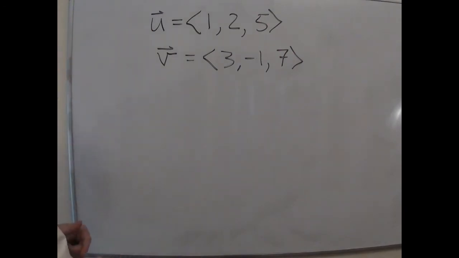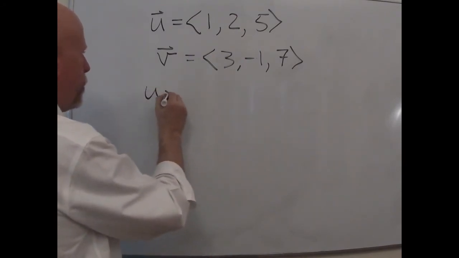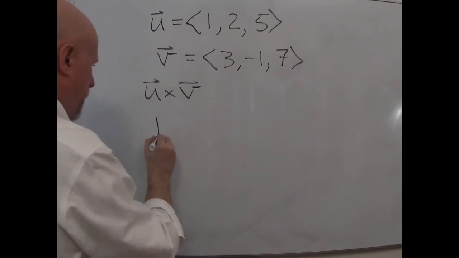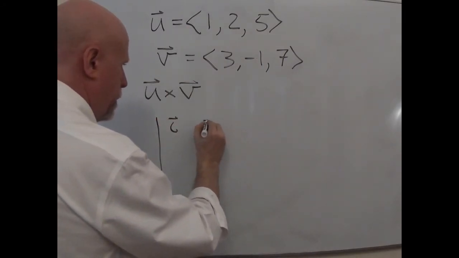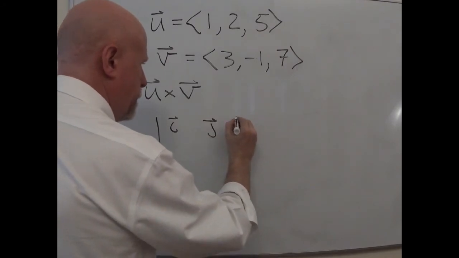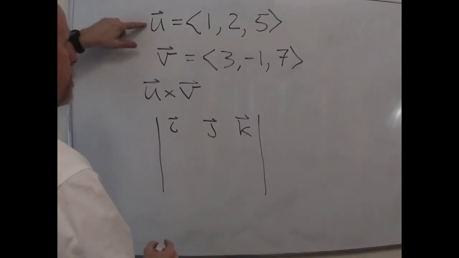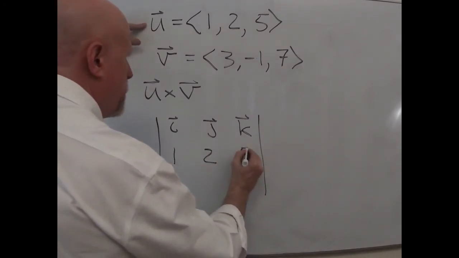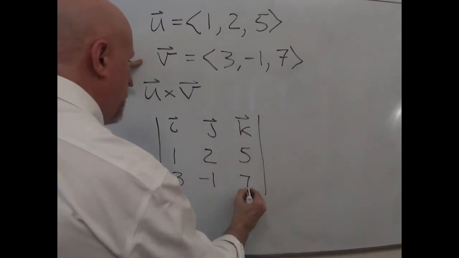I have no idea how that's going to work out, but let's do a cross product calculation. So if I'm going to do U cross V, I make a determinant with I, J, and K in the top row, and it's U first, so 1, 2, 5 in the middle row, and then 3, -1, 7 in the bottom row.